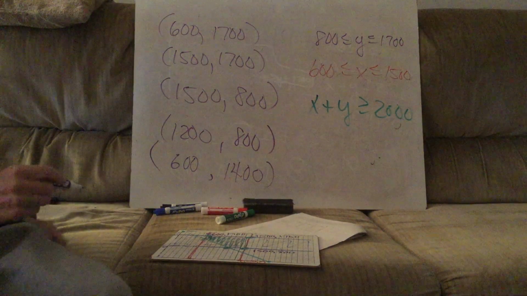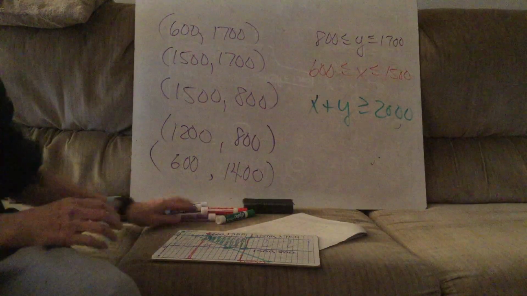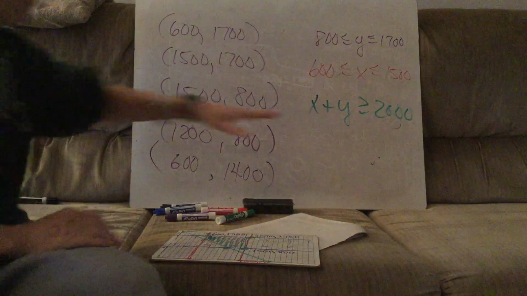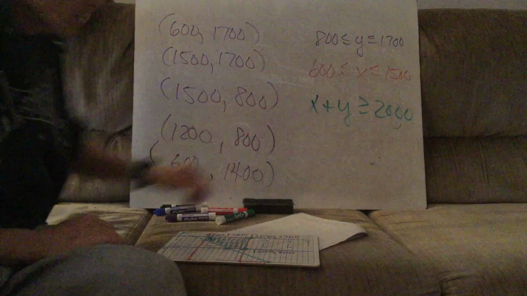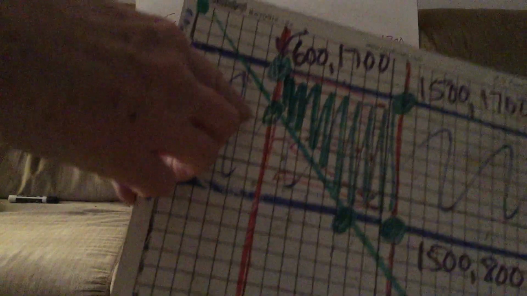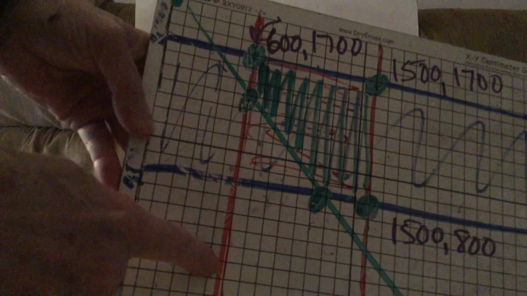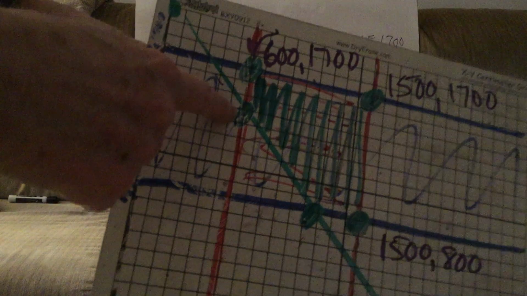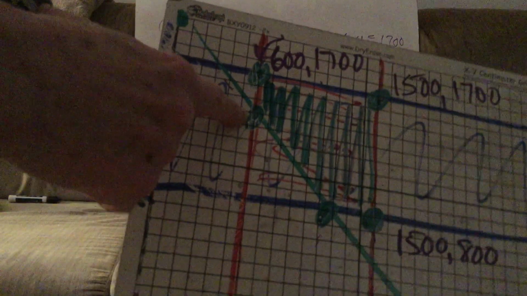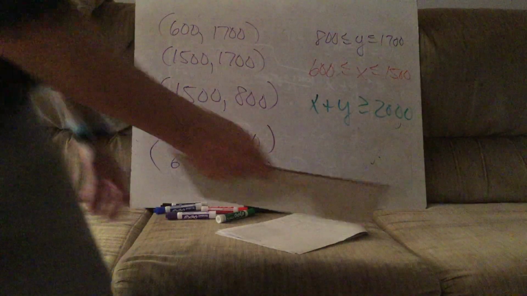Remember, if you are a point on the green line, your coordinates must add up to 2000. So for this point, we knew that x was 600. Well, if x is 600, and we have to add up to 2000, then y must be 1400.